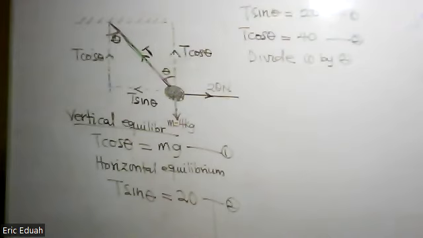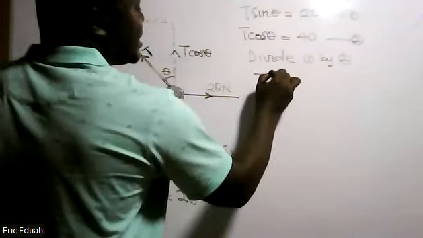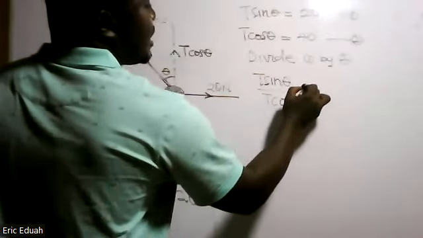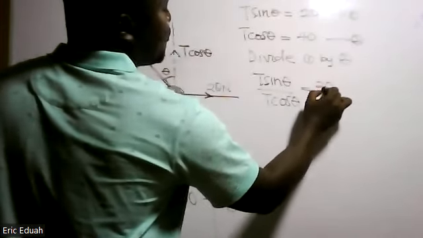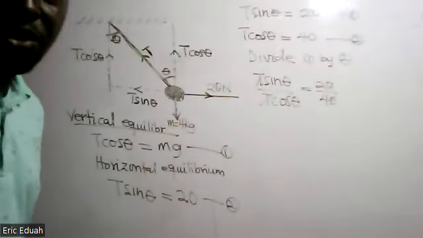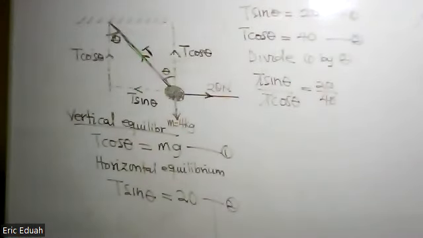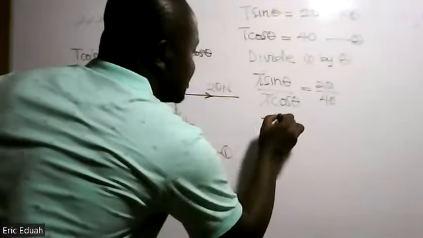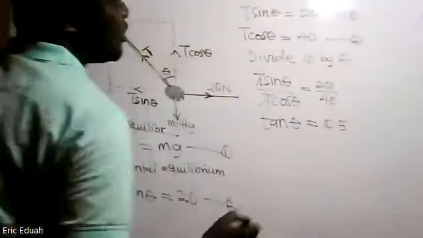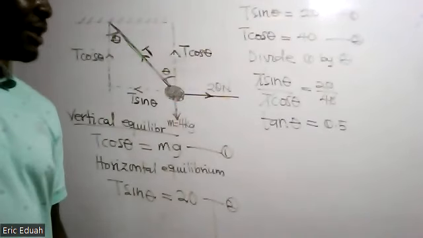So divide 1 by 2. When we divide equation 1 by 2, we have T sine theta over T cos theta, giving us 20 on 40. And what is sine theta over cos theta? Tan theta. So we have tan theta equal to 0.5. Of course, 2 on 4 is 1 on 2. So 0.5.